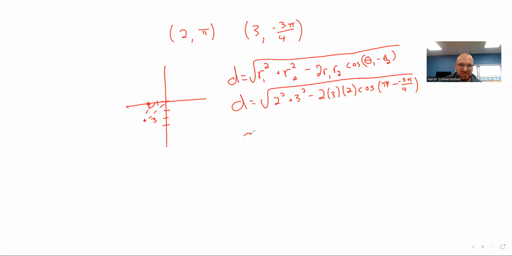I get a distance, which actually looks about right, of 2.12. Okay, so finding distance in polar coordinates is really just using the law of cosines to figure this out. That is polar coordinates.